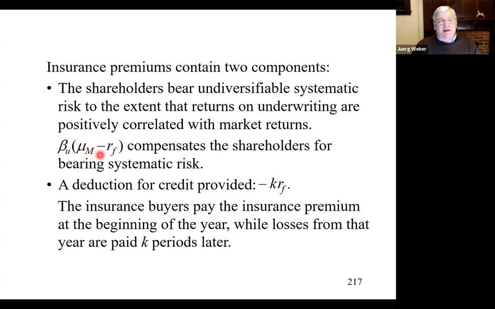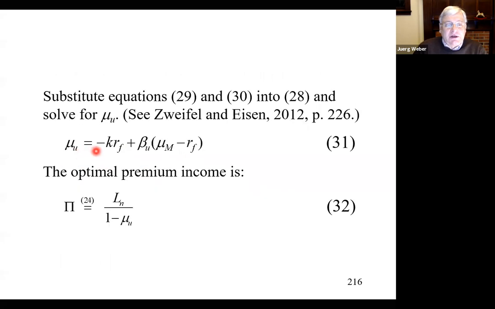So here again I explain this risk premium that is included in the insurance premium in the end. This risk premium goes into the underwriting return, so the underwriting return goes into the optimal insurance premium.